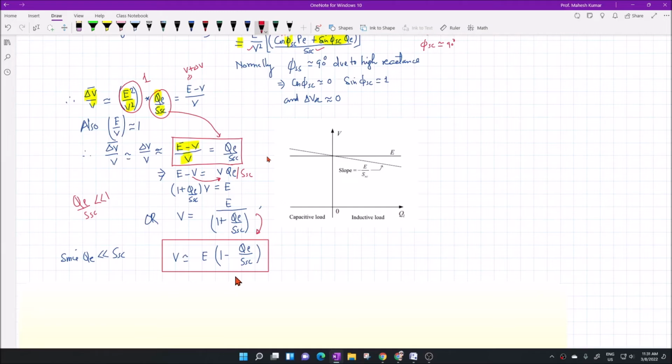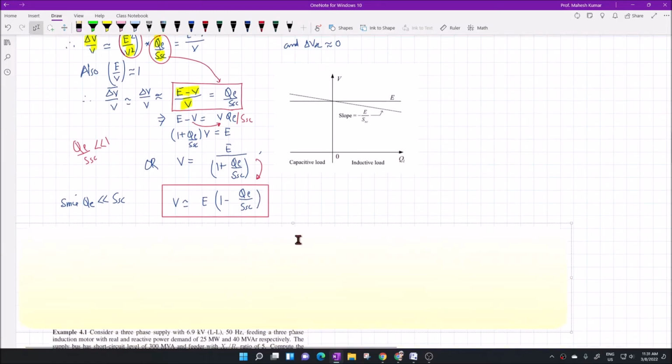Now this is a very interesting relationship. We have some simplification, but it is a very insightful result. And this will make you understand many phenomena in the power system, you know, the Ferranti effect, the change in the voltage at the load bus, and the nature of the load.